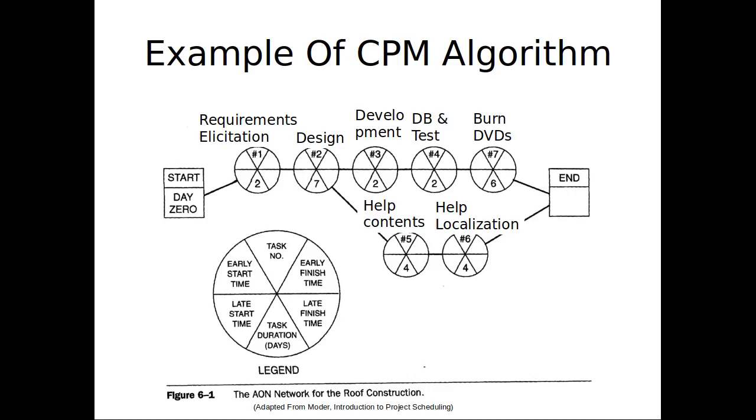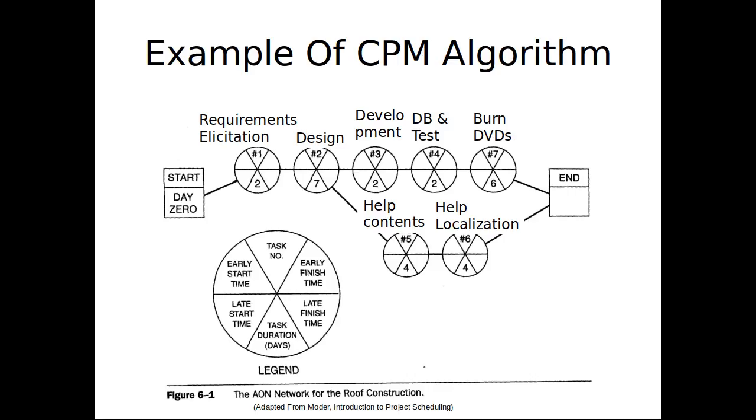Good. Okay, so ladies and gentlemen, we've just done a sample two-pass algorithm. In the forward pass, we calculated early start, early finish. In the backward pass, we calculated late finish and used that to derive late start.